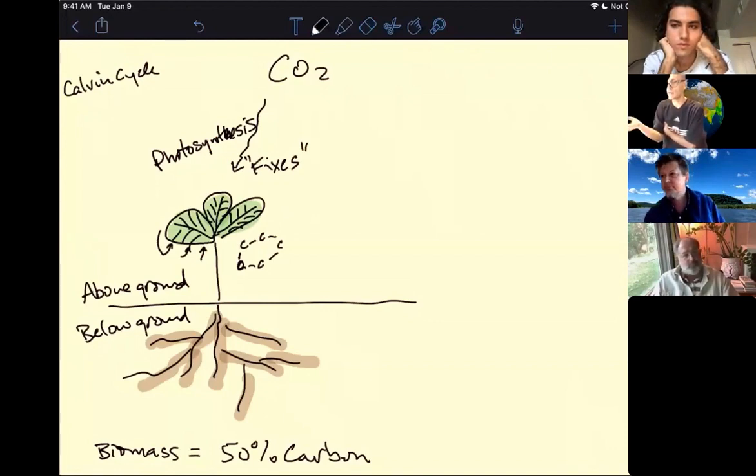Plants take up that carbon dioxide, combine it with the existing carbon that's there, and create these chains of carbon that are the structures of the plant. And that's what happens during the day.